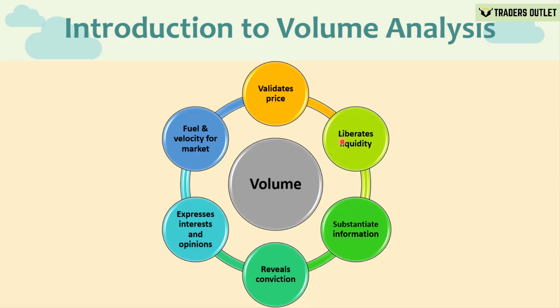Second, it liberates liquidity. As we had seen earlier, if you have to enter a trade, there has to be a counterparty willing to take the opposite side. If you have sufficient volume, sufficient liquidity in the market, only then can you have a particular transaction. Volume is an indicator that the markets have different views.